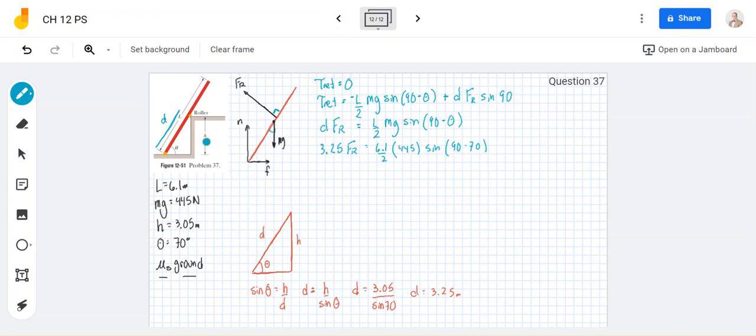Okay? Let's get a little handy dandy calculator out. And I got the force from the roller to be equal to 143 newtons. Now, that's just the force by the roller. That doesn't actually answer my question.